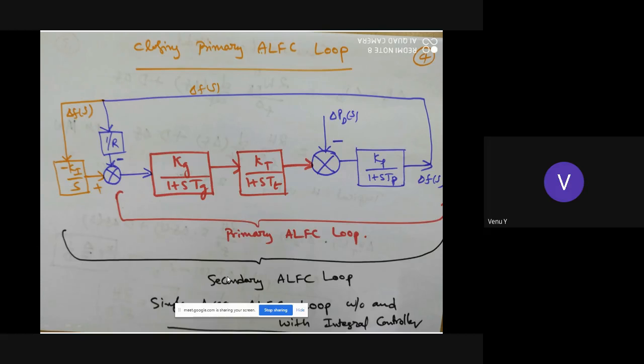Therefore, the secondary LFC loop is the slow acting loop, and the primary LFC loop is the fast acting loop compared to the secondary one. So this is with and without controllers: the single area load frequency transfer function model, including governor, turbine as well as generator load models. All right.